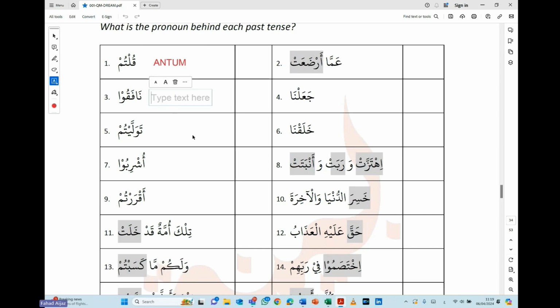Let's try number three. Nafaqu. Which pronoun? Is it hum? It's hum. Very good. You're getting there, guys. Well done. I feel very excited when my students are now able to detect things. Mashallah, that's amazing.